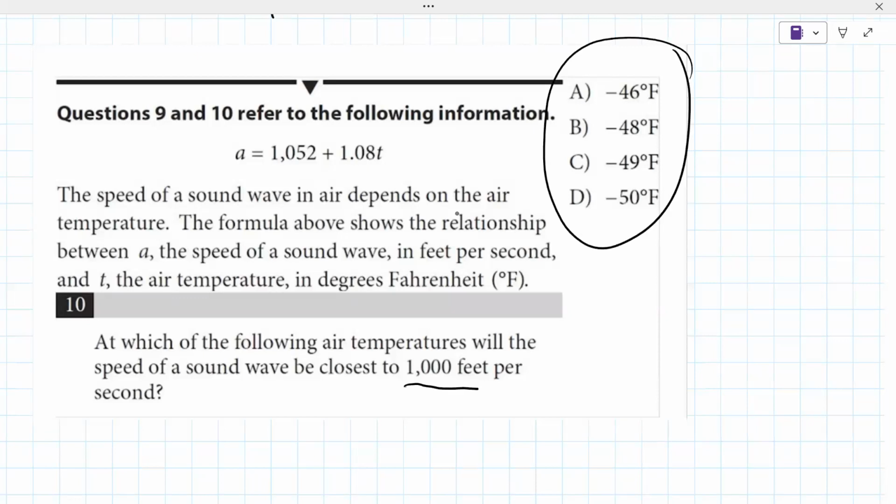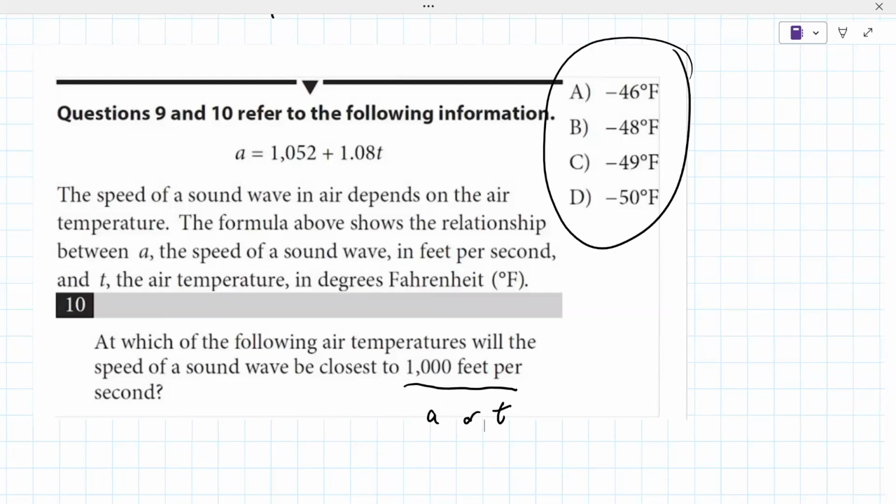What you have to decide is, is this the value of A or T? What do you think? A. Why is it A?